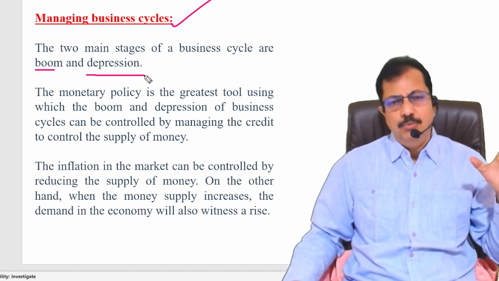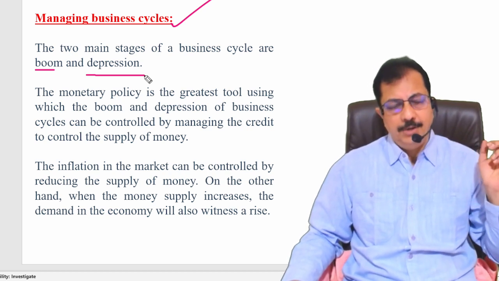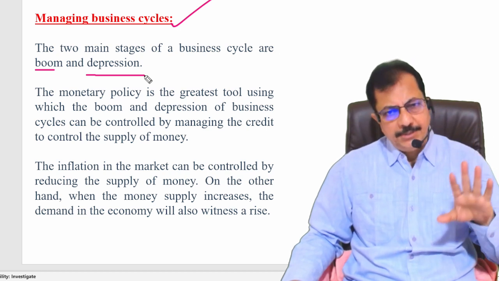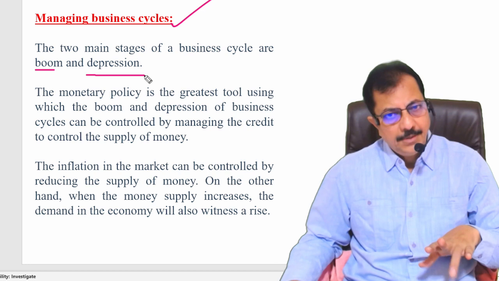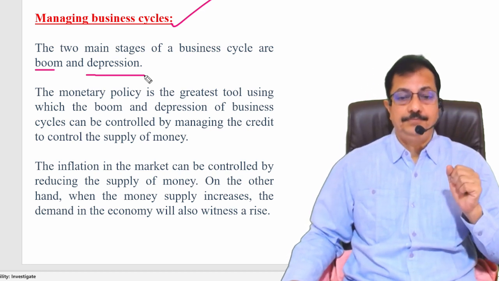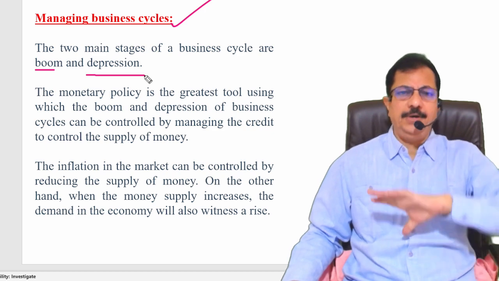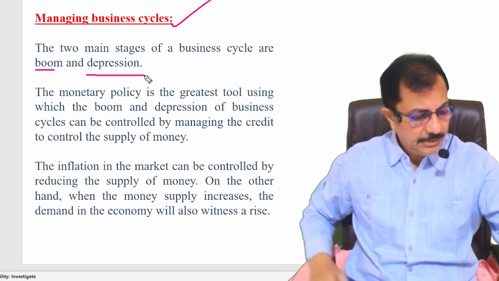Real estate boom, stock market boom, bullion boom, meaning gold, right? So there is a depression in the stock market, depression in real estate, everything is falling here. Is that okay? So there are two cycles, right? Every time you cannot expect a boom, every time you cannot expect a depression.